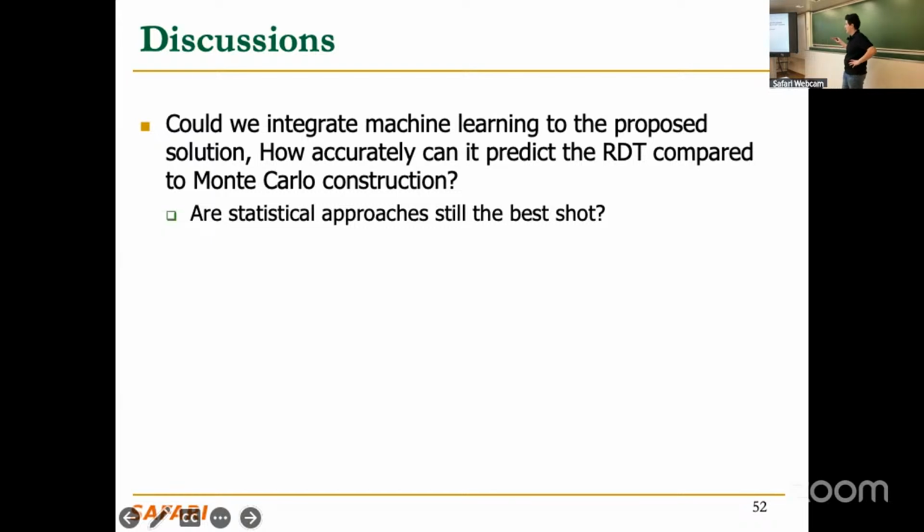If you don't think these machine learning approaches are good, can we still play around with statistical approaches? Is it still the best shot at solving this problem? Or do you believe that we can implement machine learning algorithms that can perform better with lower overhead as well as more performance? Do you guys have any idea about this?